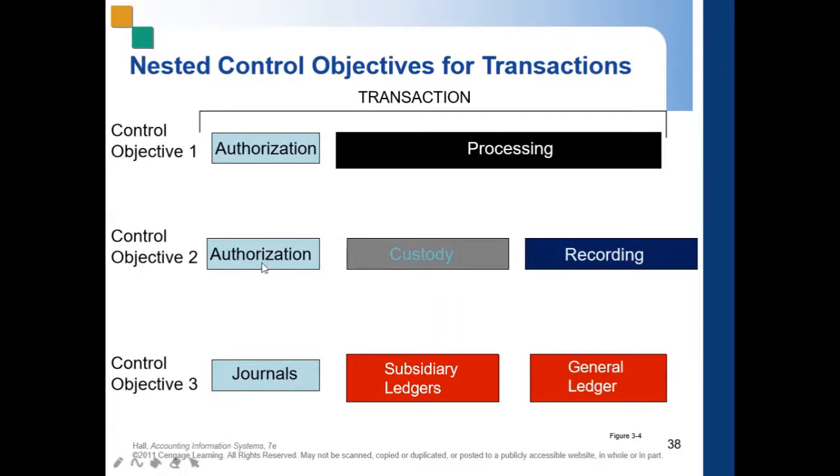Now another example is kato akong gi-mention nga lahi ang responsible for the authorization, lahi ang responsible for the custody, ug lahi ang responsible for the recording. So, mao na ako ni-mention ganiha.